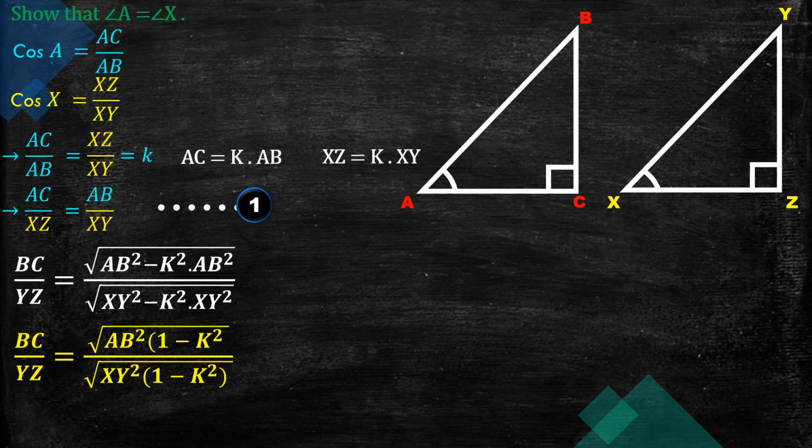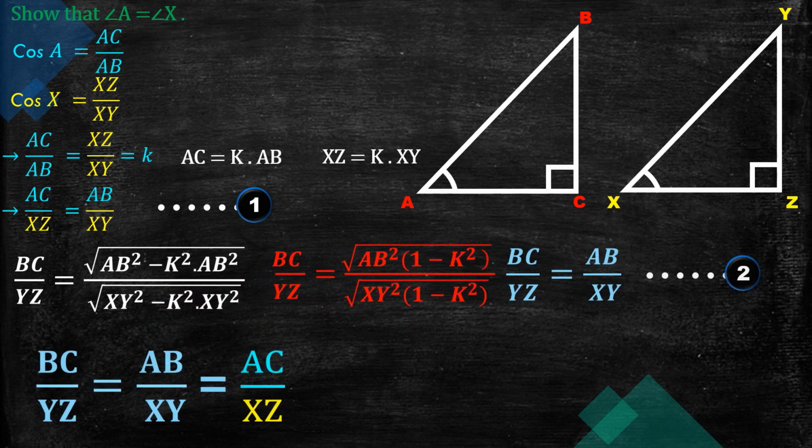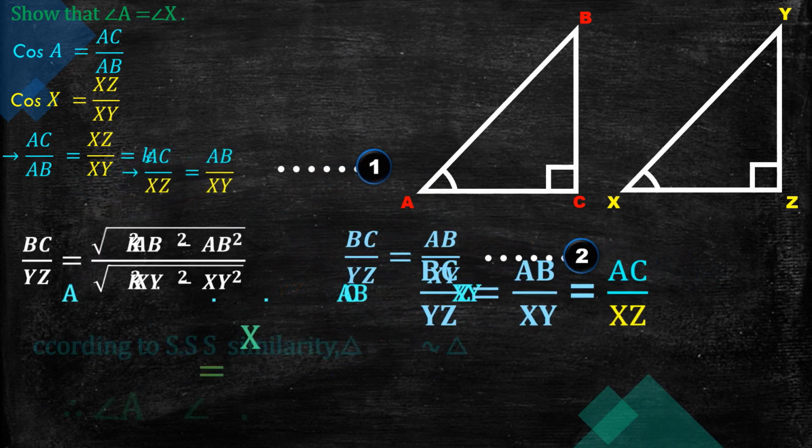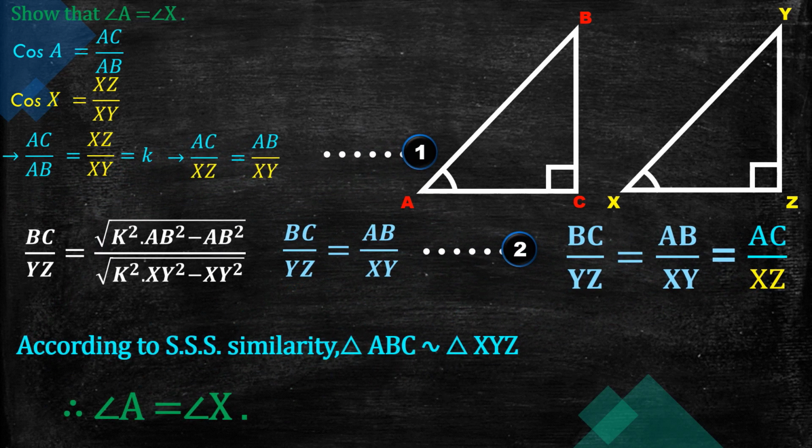Take AB in common in the numerator, that is equal to square root of AB square of 1 minus K square divided by square root of XY square of 1 minus K square. The 1 minus K square gets cancelled. You get AB by XY, that is, BC by YZ is equal to AB by XY is equal to AC by XZ.